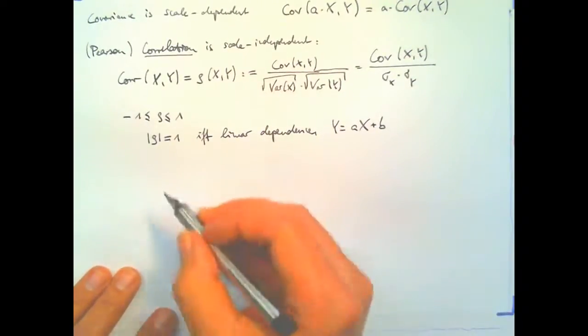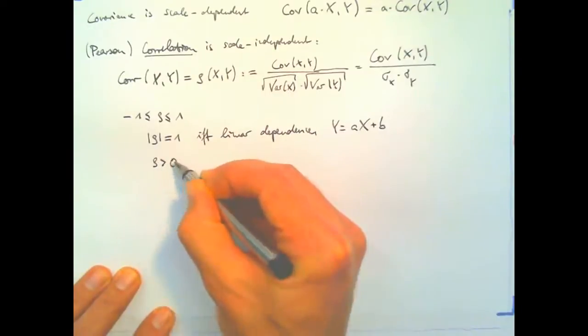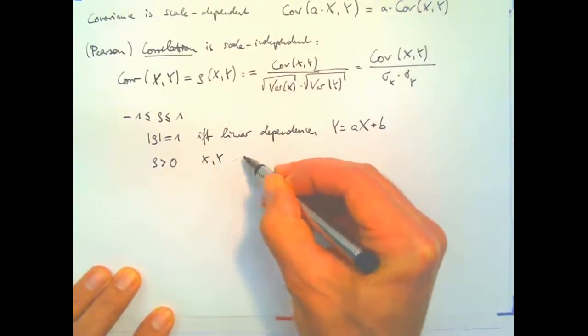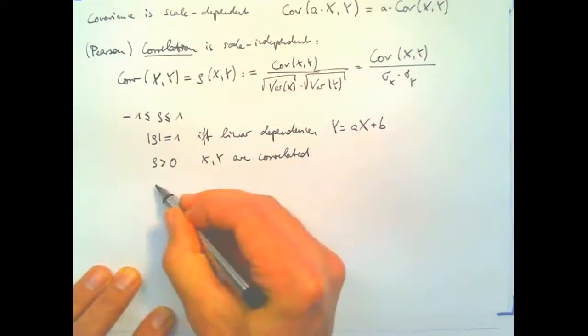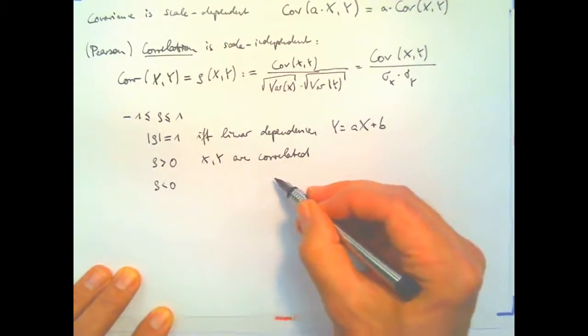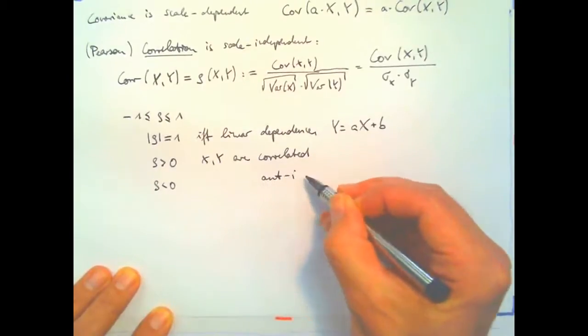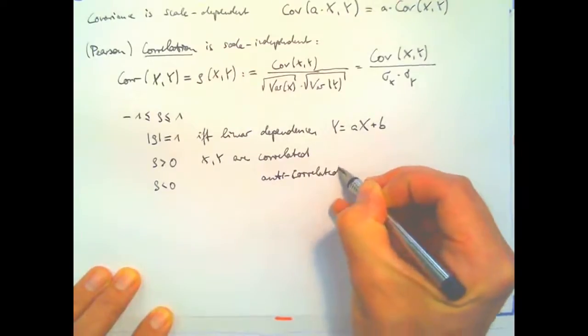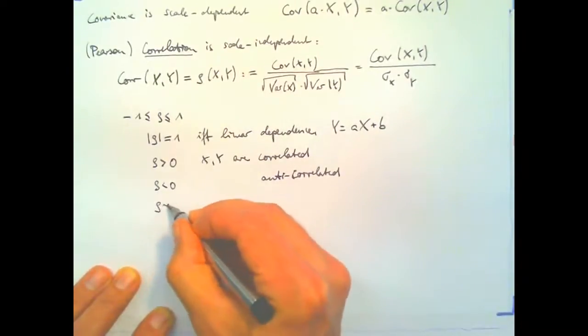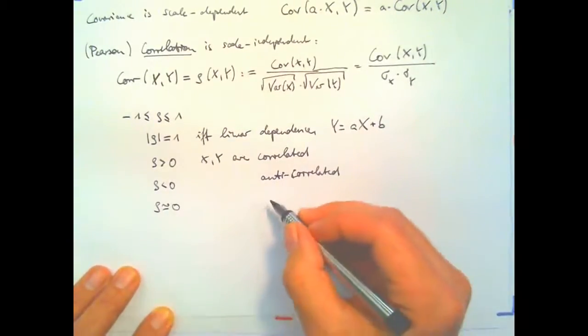If rho is larger than 0, we say that X and Y are correlated. If it is smaller than 0, we say they are anti-correlated, which is not the same as uncorrelated, which is when rho is close to 0.